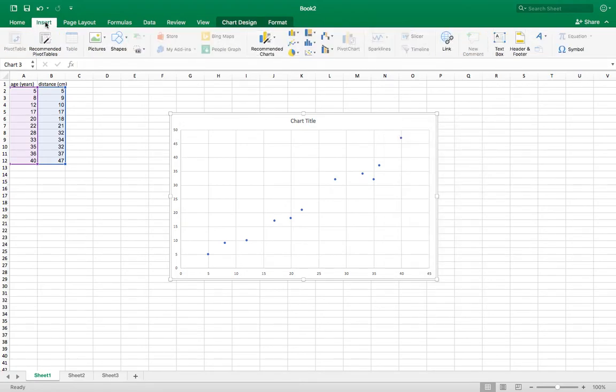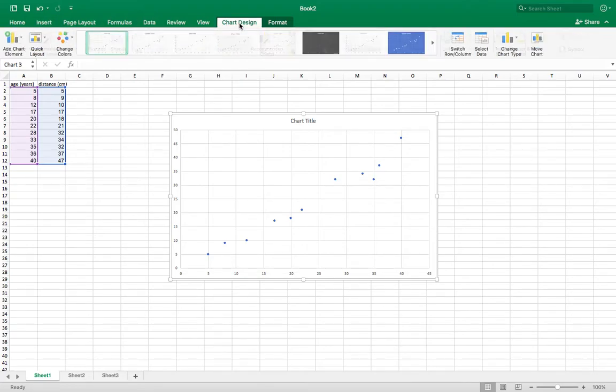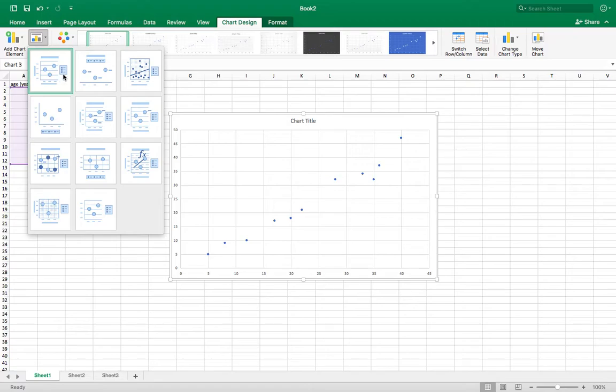So we're going to go to insert. In the chart design there should be quick layout. Different Excel sheets will have different things, but you're looking for the axis titles. For quick layout, I can pick this one because you have the X and Y axis titles, and then you have the title for the graph.